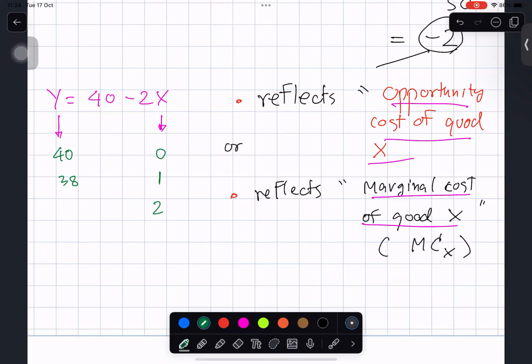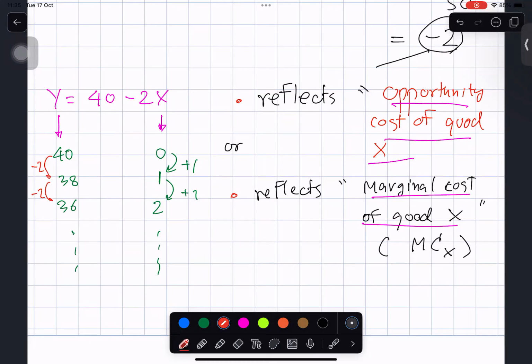Do you learn something here when you do this? Every time we want to have plus 1 of X, Y must reduce by 2 all the time. Opportunity cost of 1 X is equal to 2 units of Y forgone.